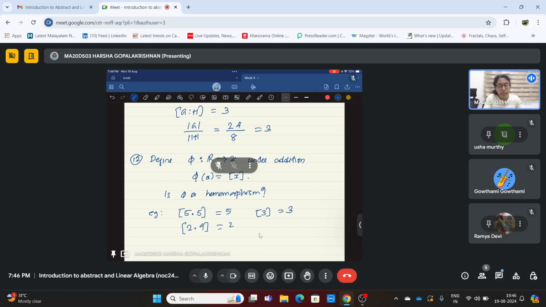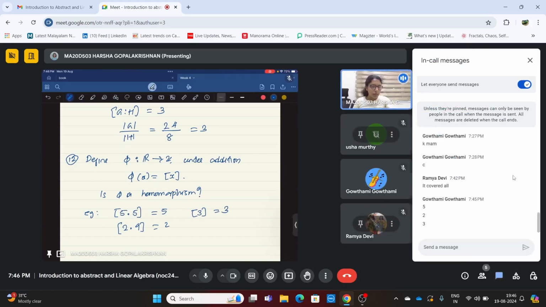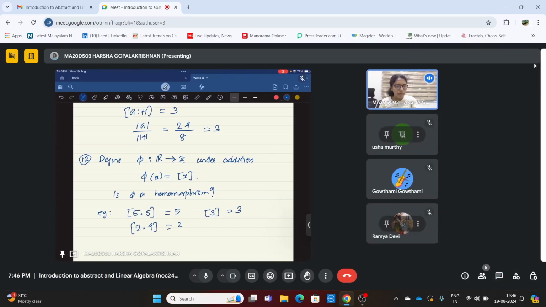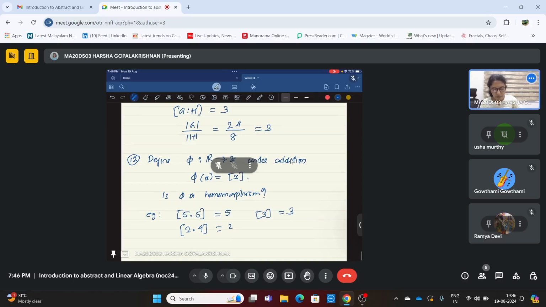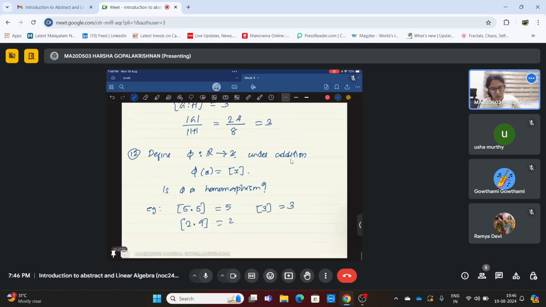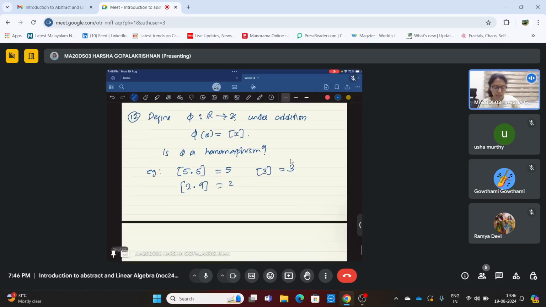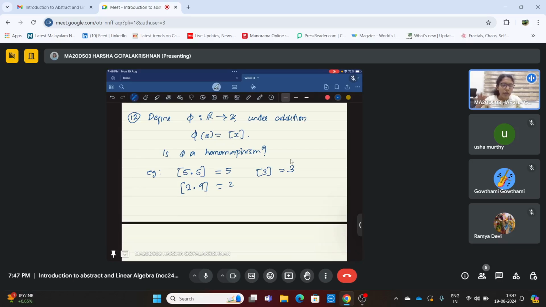Now the question is whether it is a homomorphism. That means whether phi of x plus y equals phi of x plus phi of y. You can check with some suitable example. Any idea? Or I will give you a hint that it is not a homomorphism. For that, we need phi of x plus y and phi of x plus phi of y to be different.